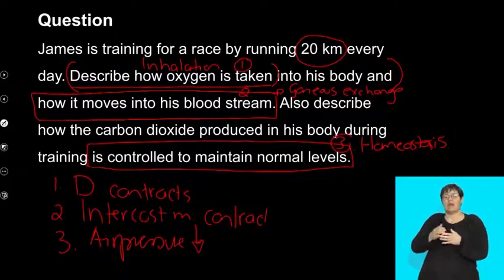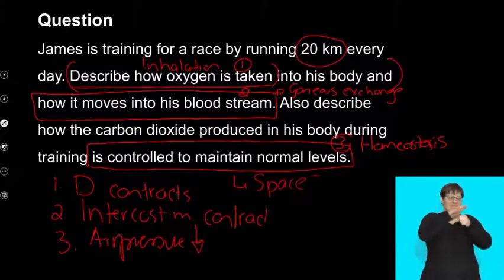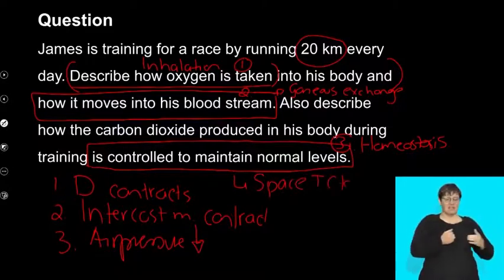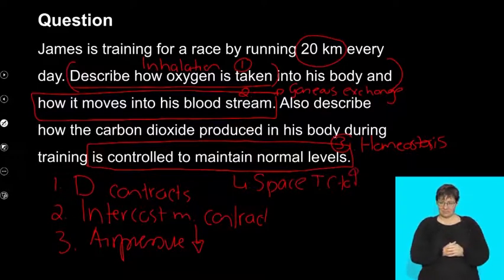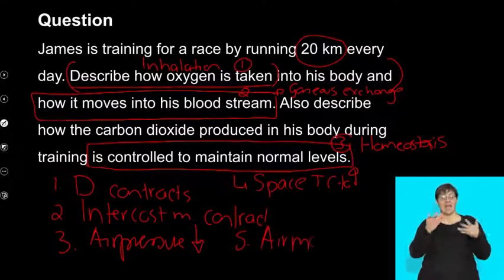It causes the space in my thoracic cavity to increase. So what I have now is the space, I have this pressure, and what is the last point? Air will move into my lungs.